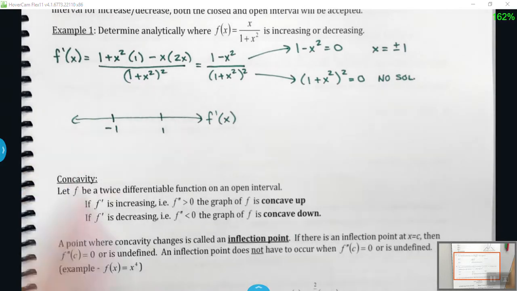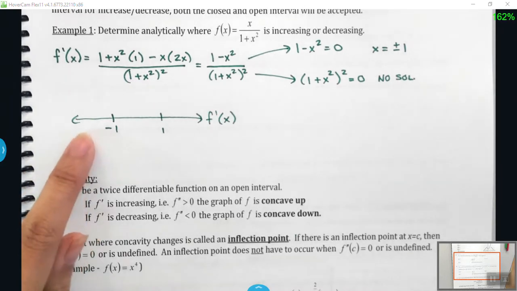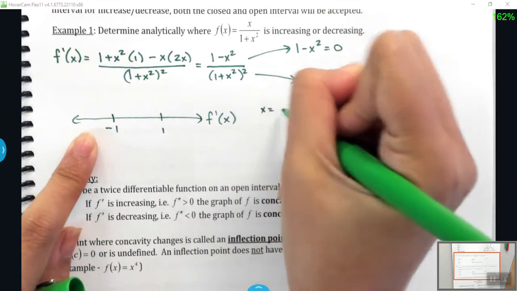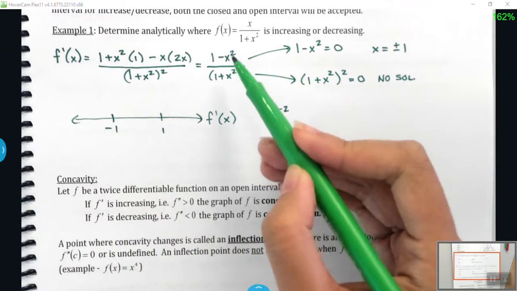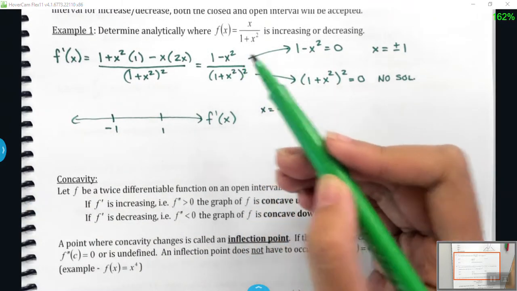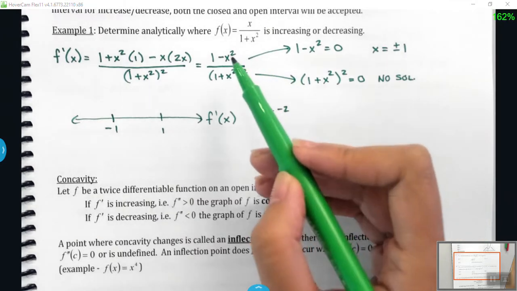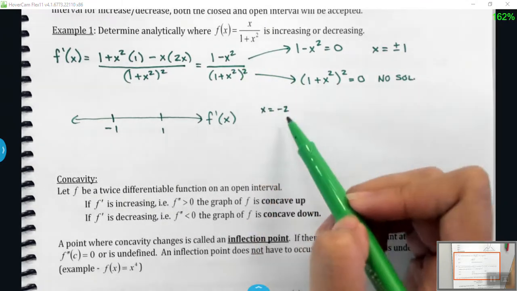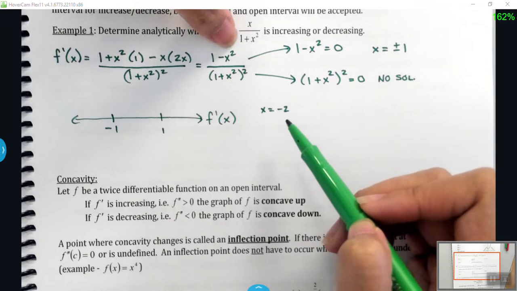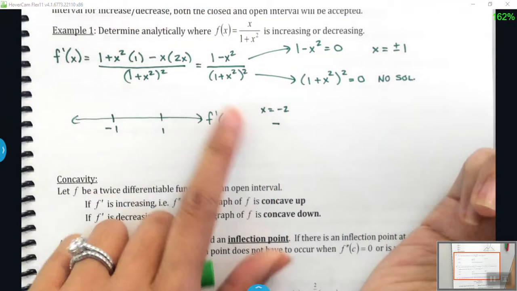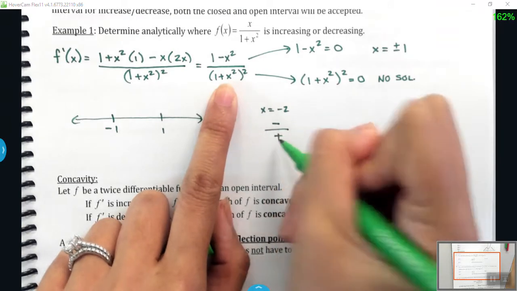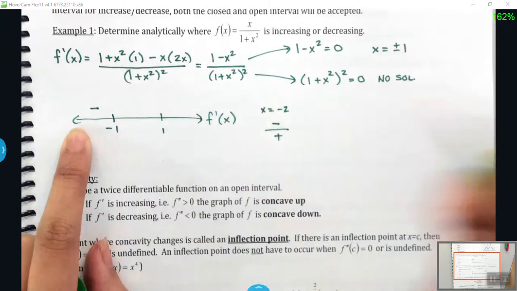So I'm going to choose a number a little bit less than negative 1, negative 2. Plug that in here. All I really care about is whether it's going to be positive or negative. So the top of this one is going to be negative, right? And then the bottom's always going to be positive. So this is going to be a negative.